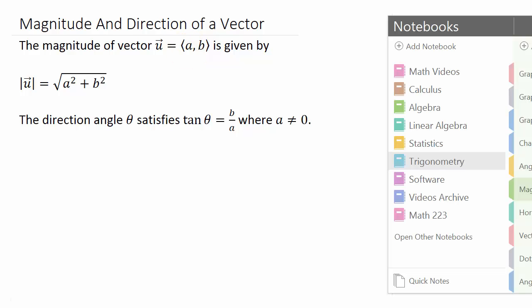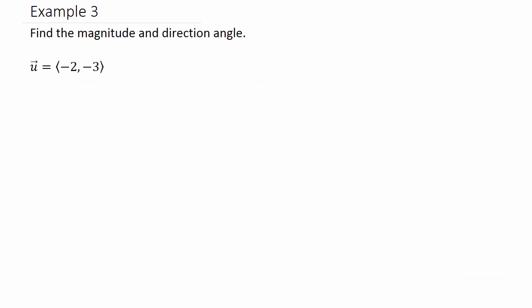Alright, so let's look at example 3. So find the magnitude and direction angle, and just like we've done in the other videos, we'll want to graph this. Okay, so if I plot this point, -2, -3, I'll go over -2 and down -3. Okay, and so the vector is in the third quadrant.